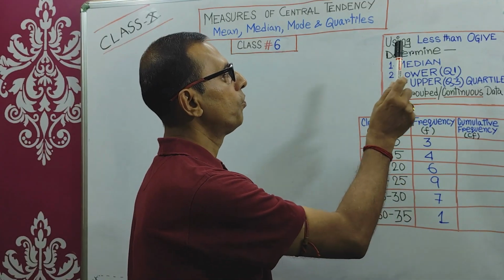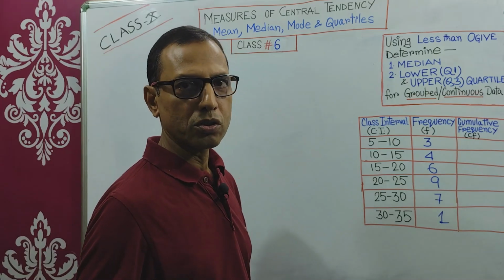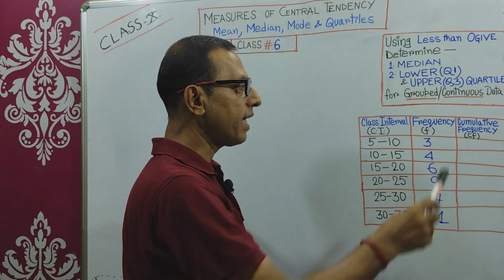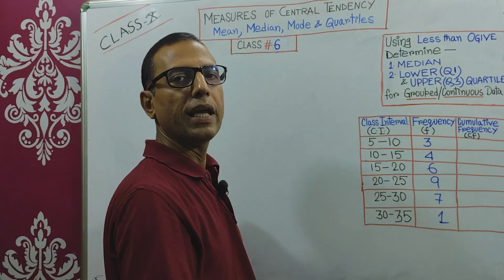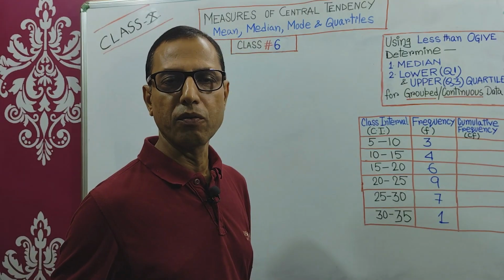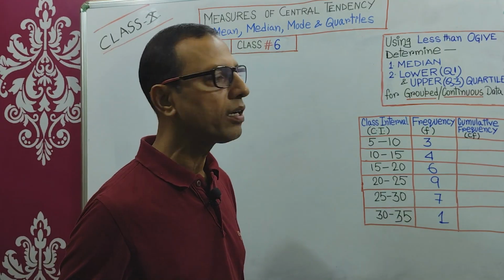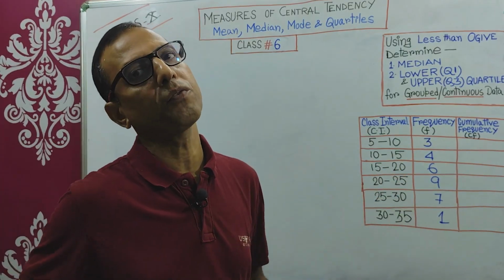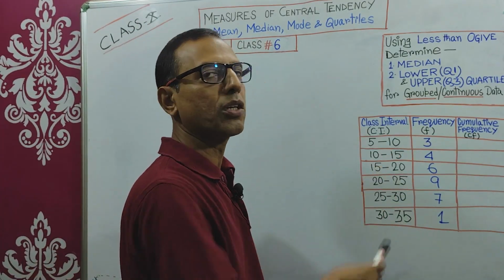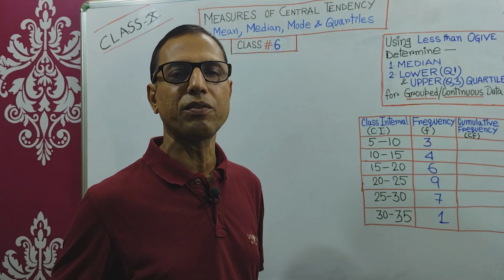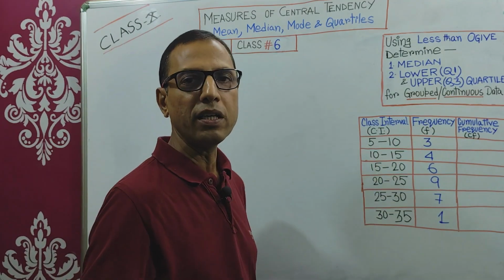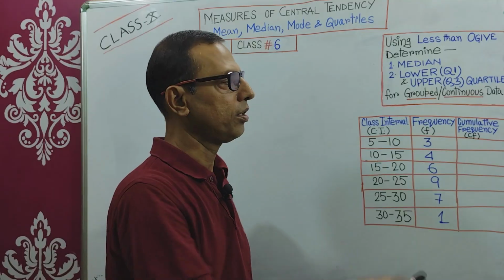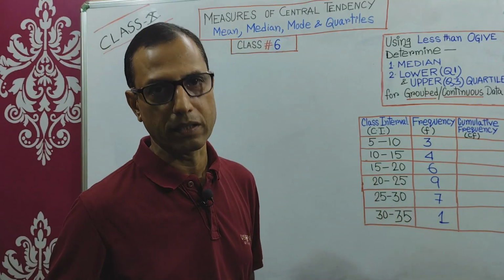When we use less than ogive or any median calculation for group data, always you need to do the cumulative frequency also. Even for ungrouped data we do the cumulative frequency, but if the numbers are very small we do it verbally. Otherwise, we do it using a separate cumulative frequency column, right?